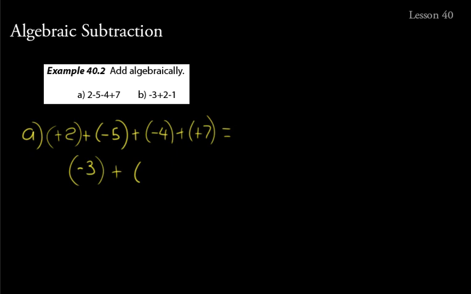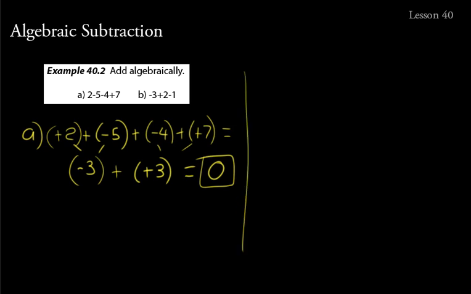And that would be a plus 3. Okay, so now you just have opposites, right? A minus 3 plus a positive 3 is 0. Answer 0. Okay, add in pairs. We're not subtracting, we're adding algebraically in pairs here. Okay, B.